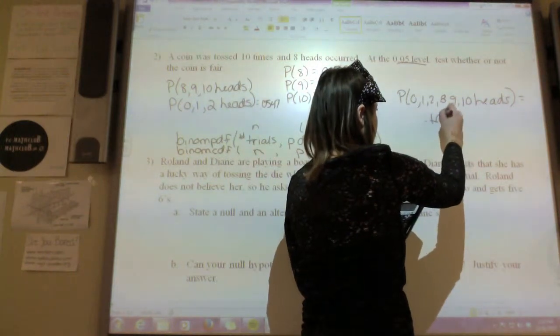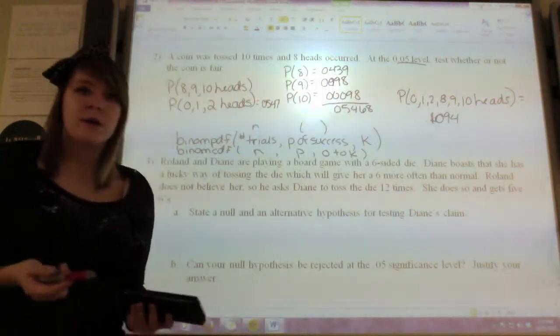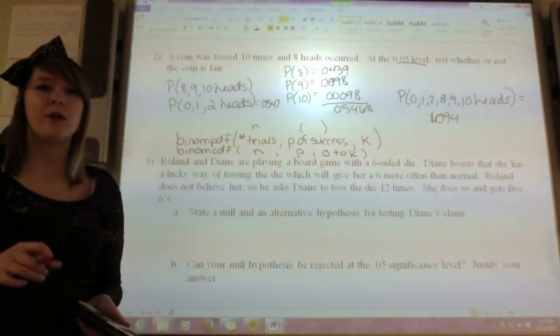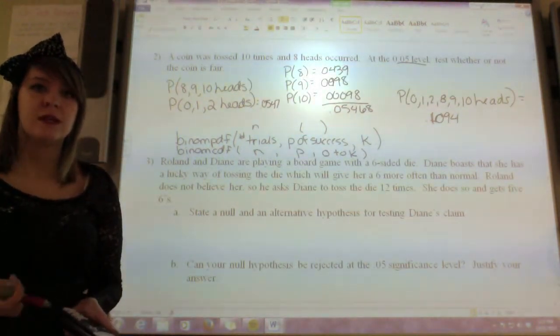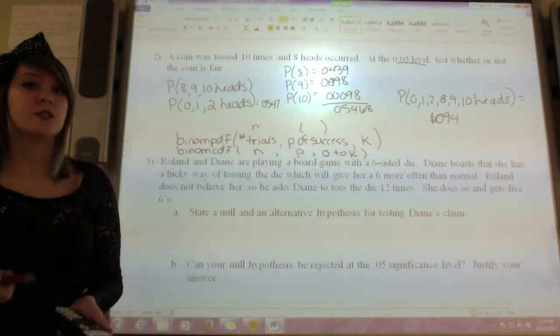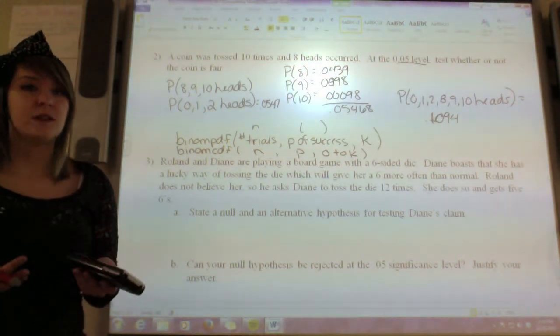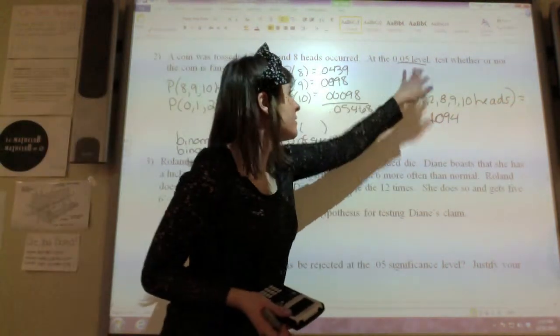Which gives me 0.1094. So now that I found the probability of my outcome and all more extreme outcomes, I need to decide: is this something that I want to reject or do I accept? Remember that my significance level for this problem is 0.05.